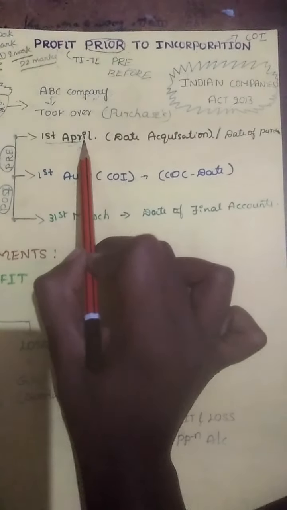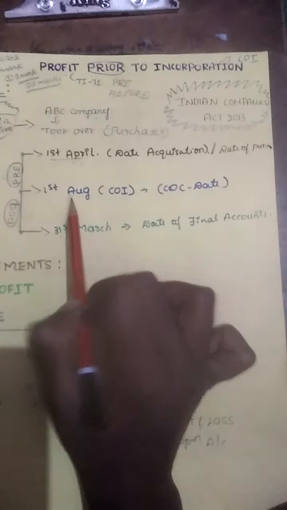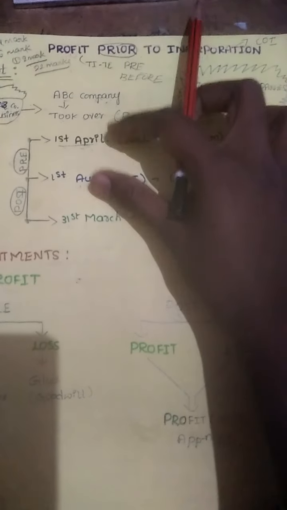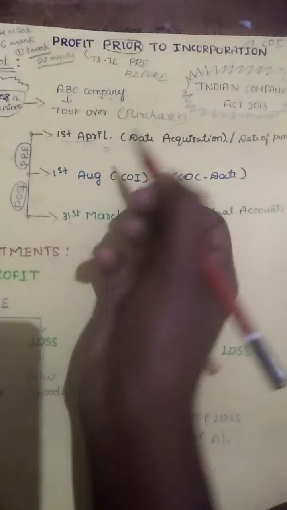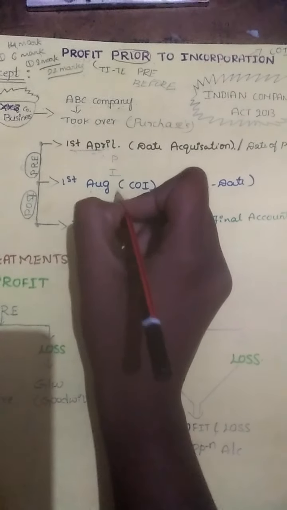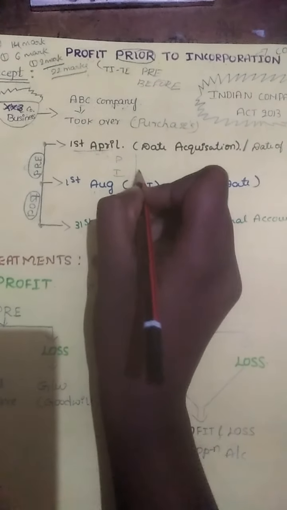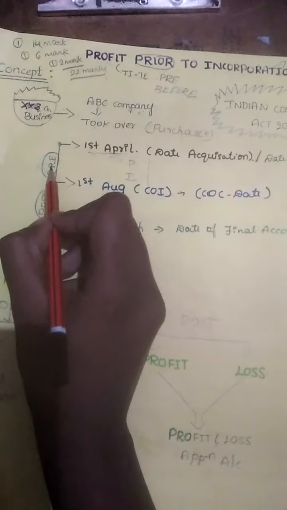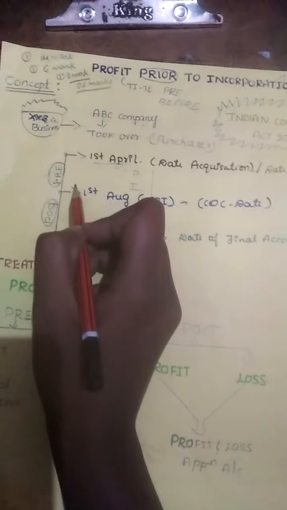Hope you understand this. From 1st April to 1st August, that is, from the date of purchase to the date of incorporation, this period is called the pre-incorporation period.